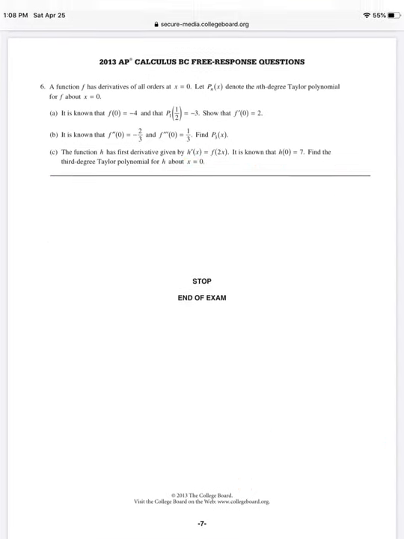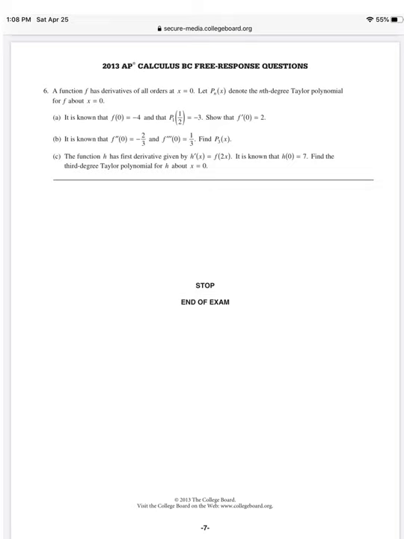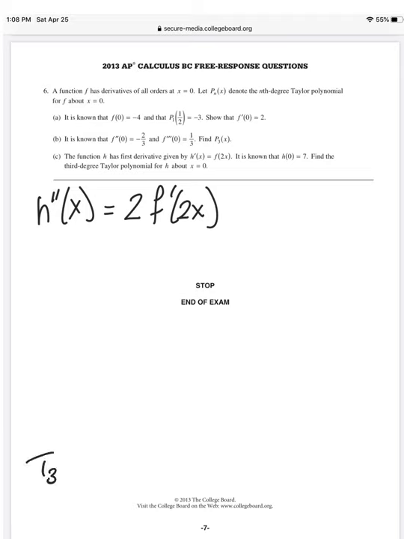So if I take the second derivative of h of x, that's really, with a chain rule, 2 times the first derivative of f at 2x, which we'd have to put back in. So far we've got T cubed of x equals 7 minus 4x.